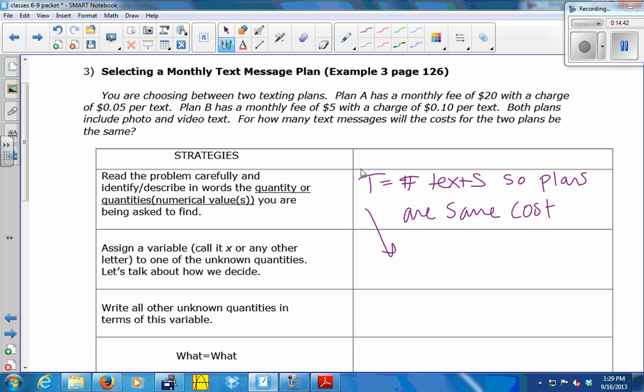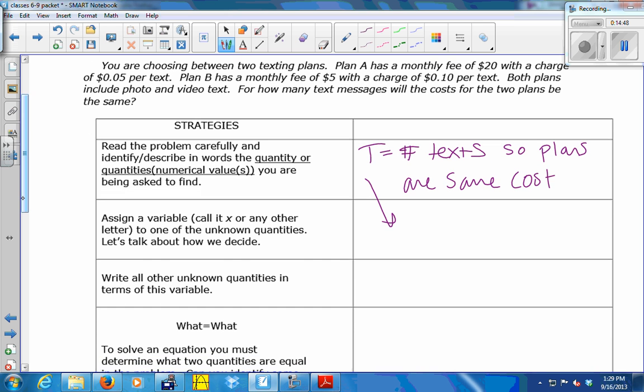Okay. So now I want to write all other unknown quantities in terms of this variable. So what are my unknown quantities other than this magical number of texts? The cost of the plans. How much each plan costs is an unknown quantity. It depends on this number t. So we'll call A the cost of plan A, right? In fact, maybe I'll give it a better letter. Maybe I'll call it C with a little sub A to mean the cost of plan A. C of A. Okay.